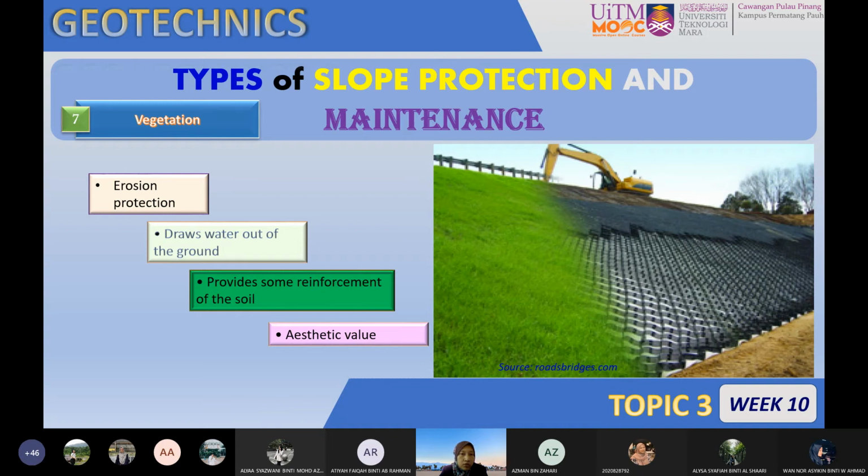The purpose of using vegetation is to prevent any erosion, allow water to move up from the ground surface, provide reinforcement to the soil, and lastly, aesthetic value. That's why when you look at the final project of slope protection, the final part is inserting or using vegetation.